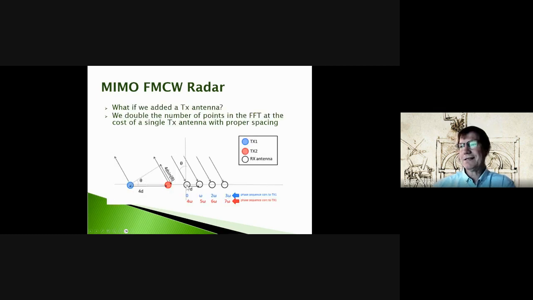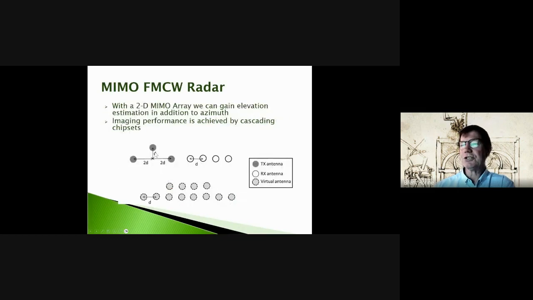You might get a line scan out of the thing, but you're not getting any sort of two-dimensional type of imaging. Here we can just start to do it, but it turns out you can cascade some of these chips together and keep increasing the size of these two-dimensional MIMO arrays.